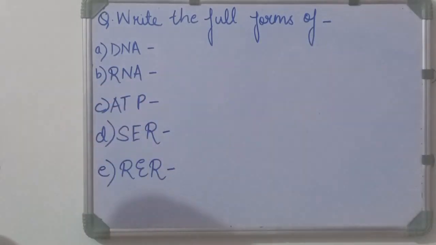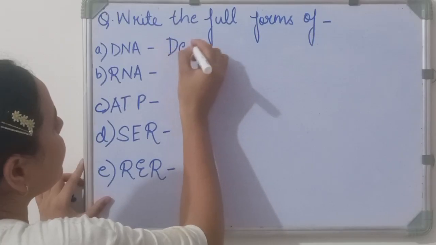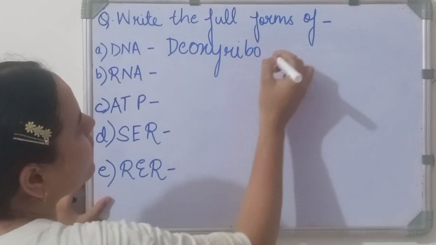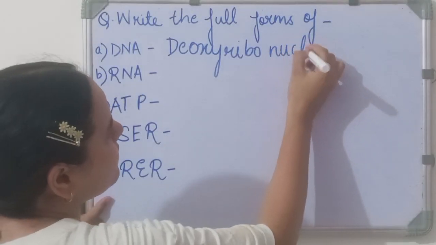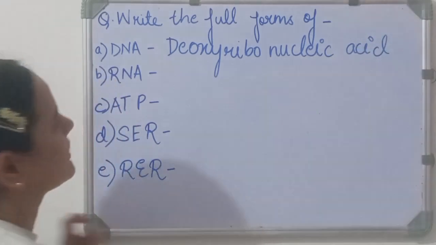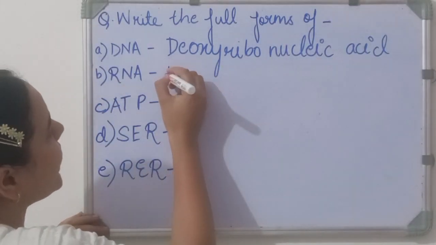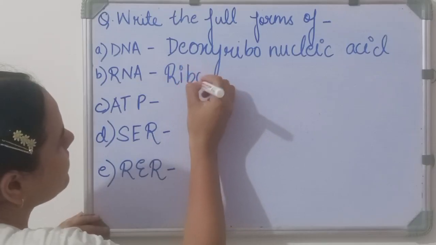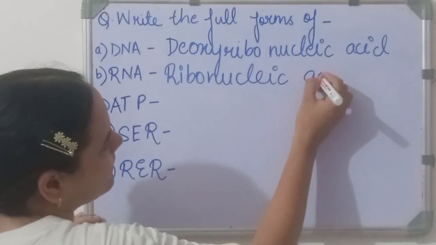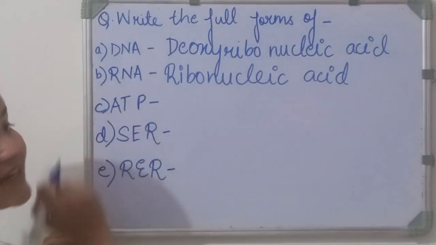So first is DNA. So DNA stands for deoxyribonucleic acid. Now RNA. RNA stands for ribonucleic acid. Now next is ATP.